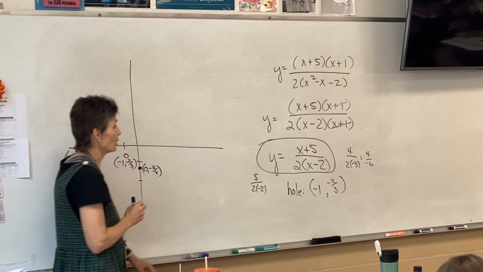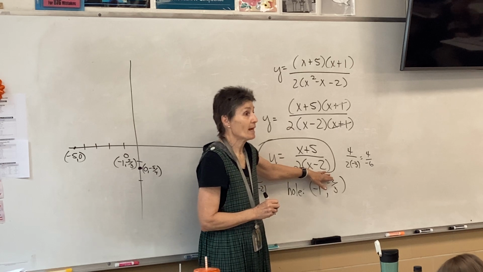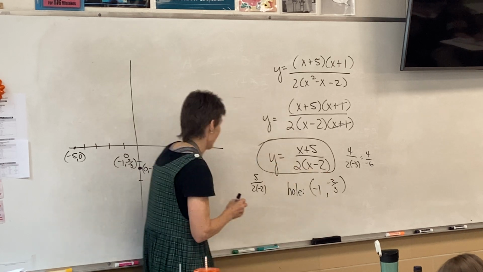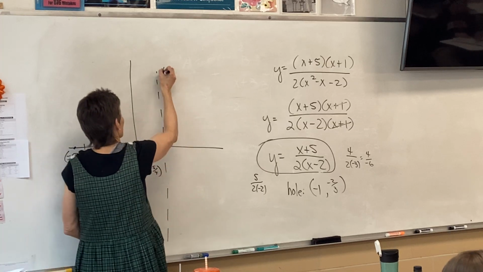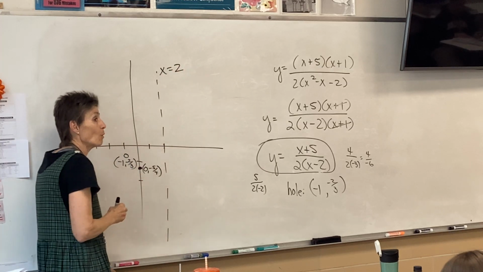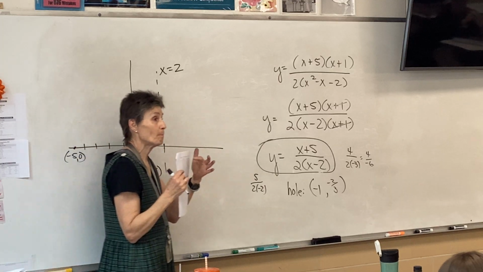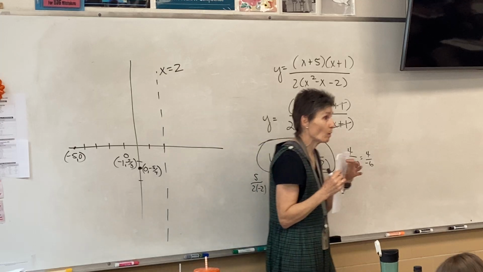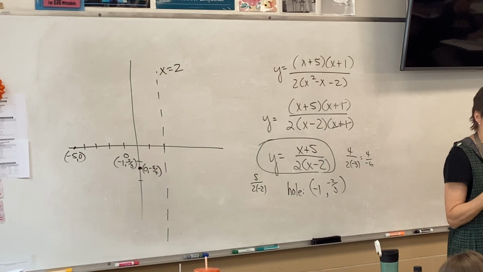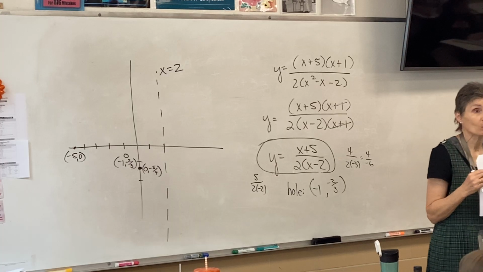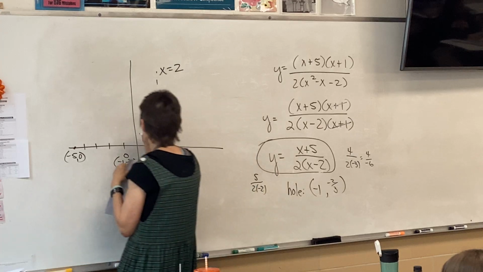Vertical asymptote comes from the denominator, so x equals 2. And horizontal asymptote comes from comparing your x squares. So you have x squared over 2x squared, so that will be y equals 1/2.